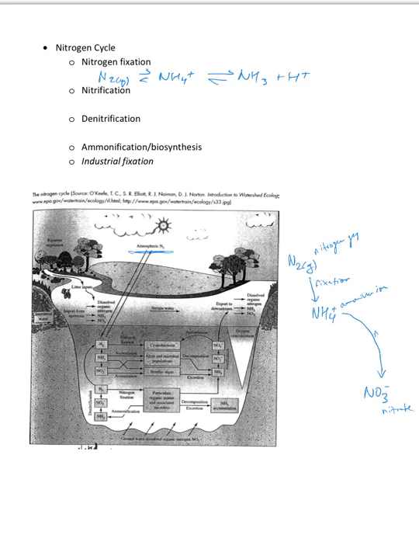This process is what we call nitrification. We mentioned nitrification already before when we were talking about dissolved oxygen, because we said ammonia exerts a biochemical oxygen demand, the NBOD, in that it takes some amount of oxygen to degrade ammonia.